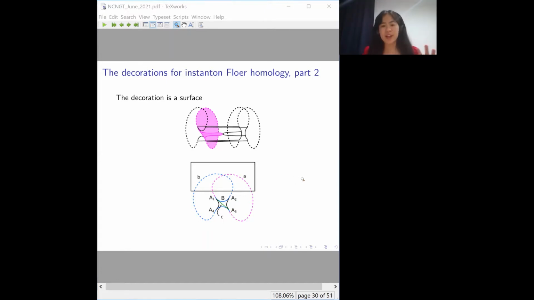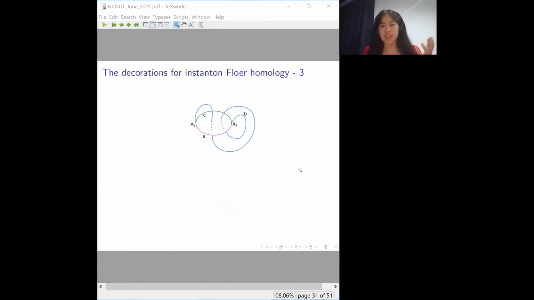But there's a little bit of a problem here, which is that if we just take this Seifert surface and this little piece, it might actually intersect the rest of the knot, which we don't want, because we wanted this decoration surface to only intersect the cobordism at the boundary of the decoration. But it turns out that is not actually a real problem.